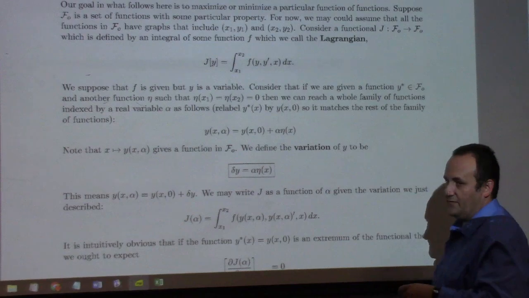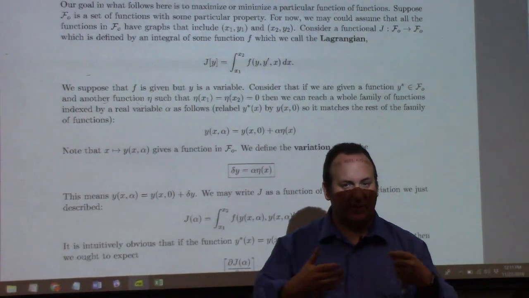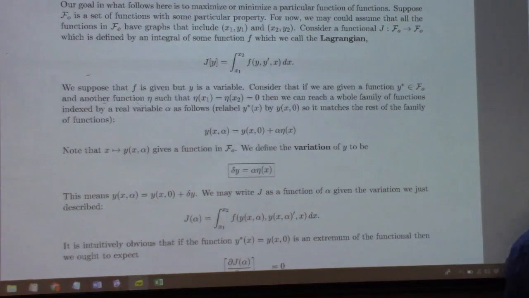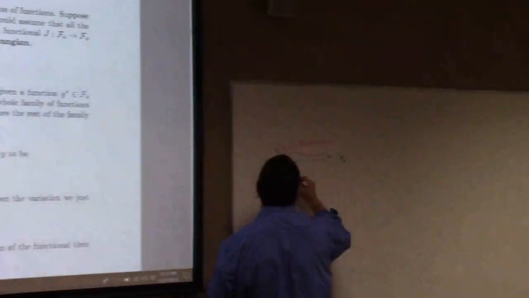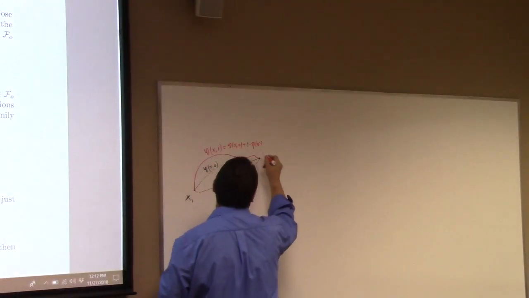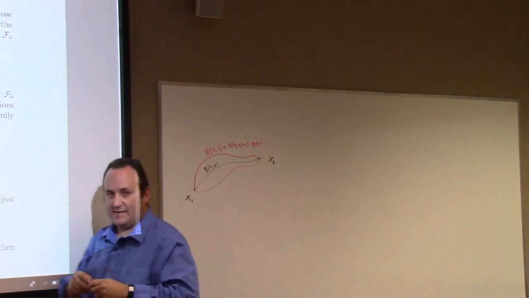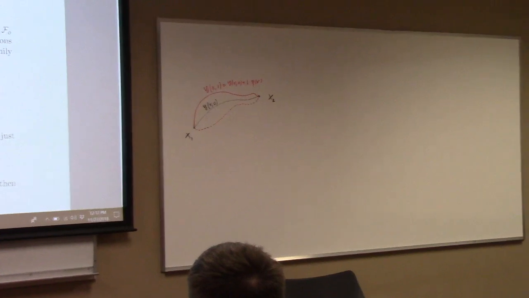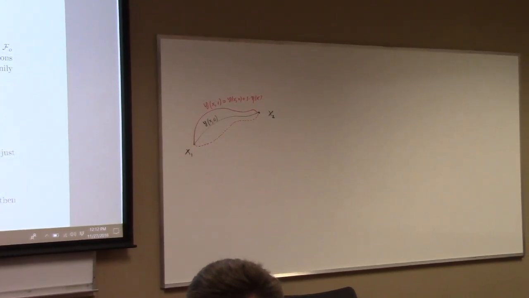So now if you did alpha equals minus 1, it would be like the same thing, but down here, right? I don't know if I can do it. And then as alpha varies, you're swinging through this whole class of functions that are related to the center function, which I drew in black.